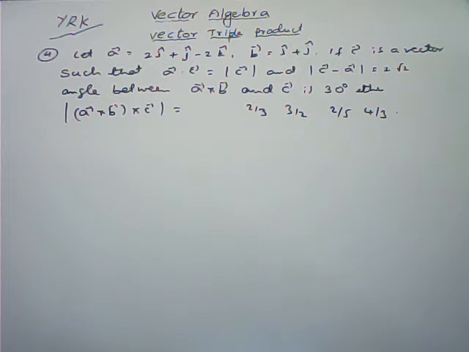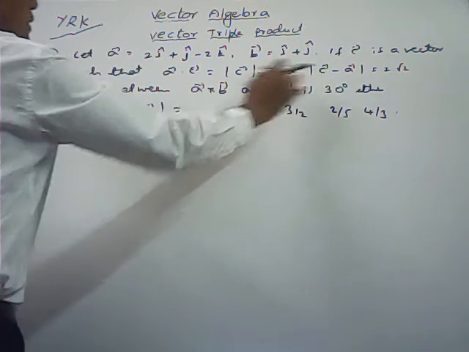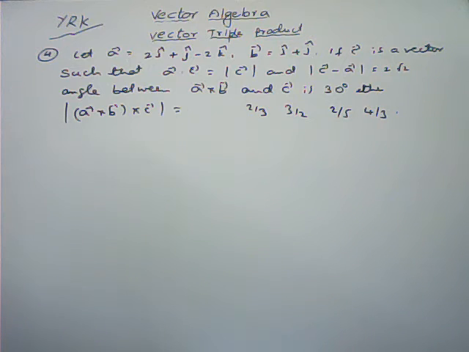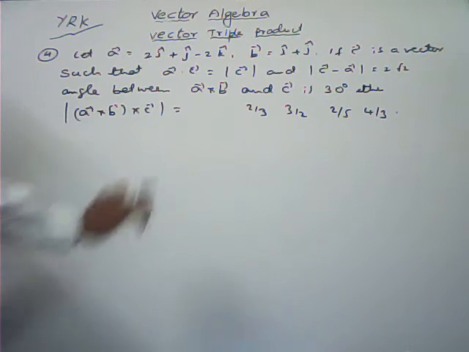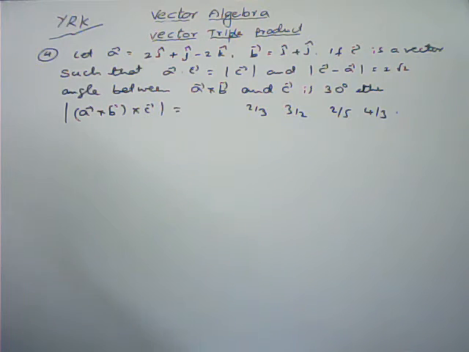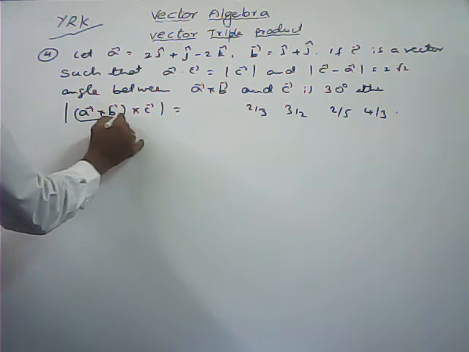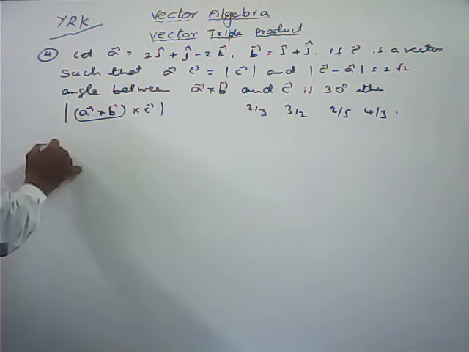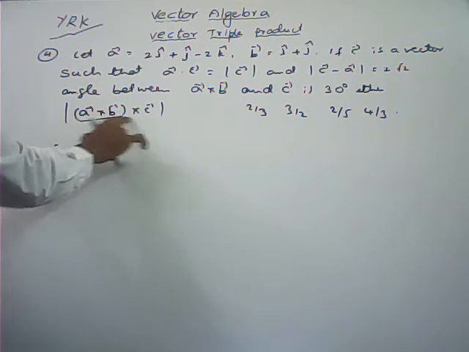Next one: a bar, b bar and c bar are vectors such that a bar dot c bar equals modulus of c bar, and modulus of c bar minus a bar equals 2 root 2. Angle between a bar cross b bar and c bar is 30 degrees. Then the value of this one. Here the cross product I am doing. What is the cross product of this one?